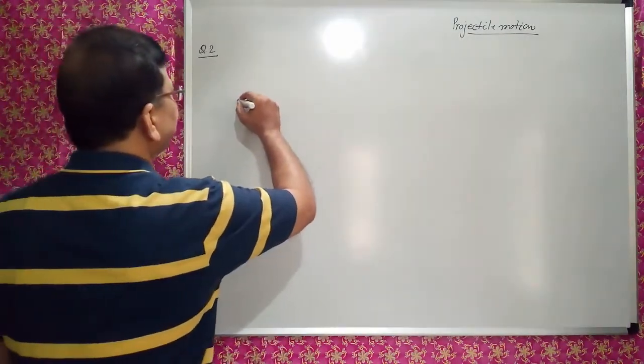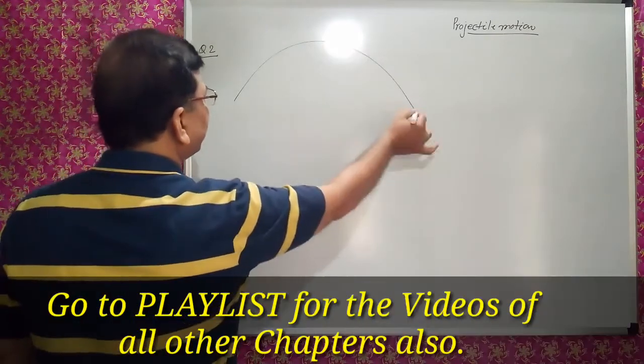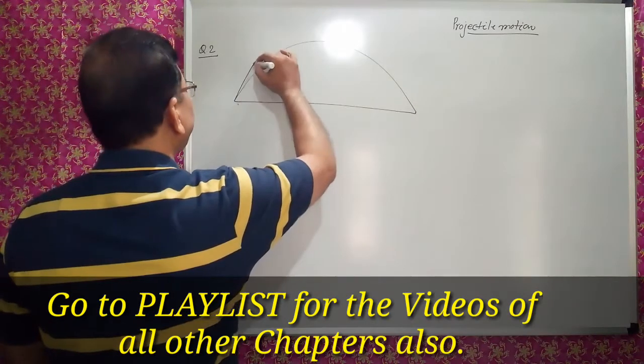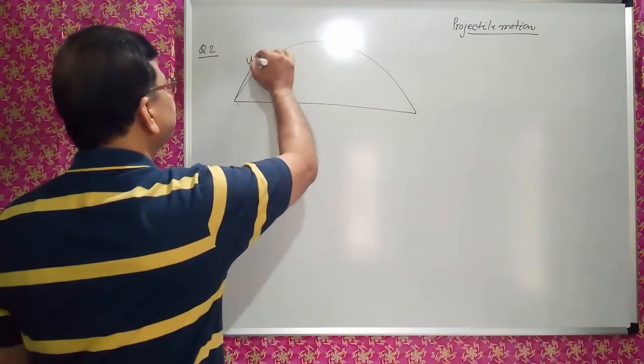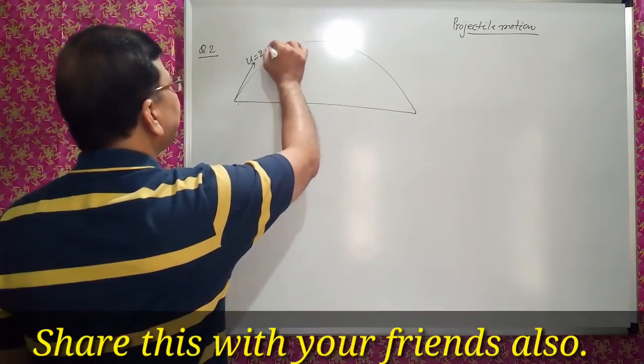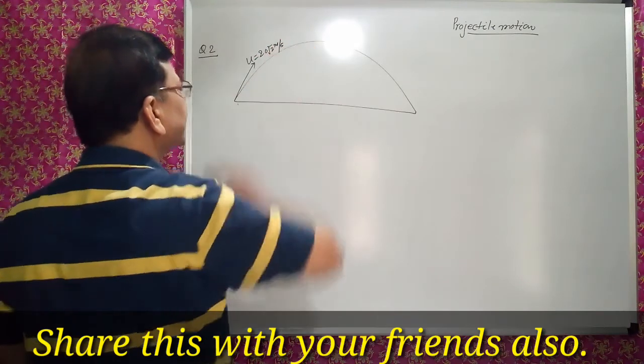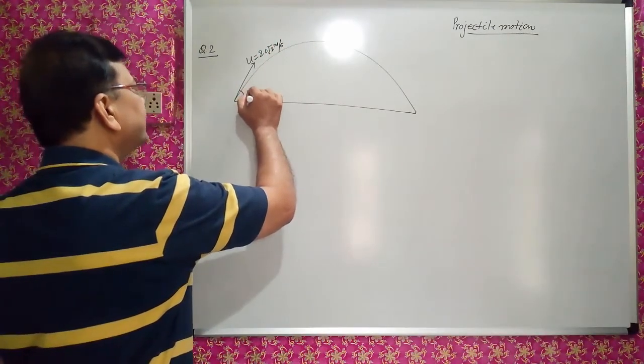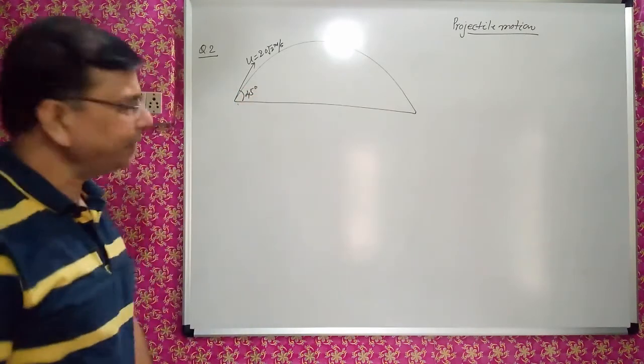Question is, a projectile is projected with initial velocity 20 under root 2 meters per second at an angle of 45 degree, right?